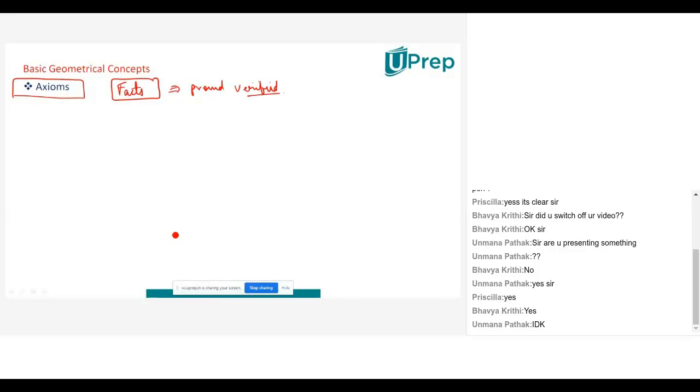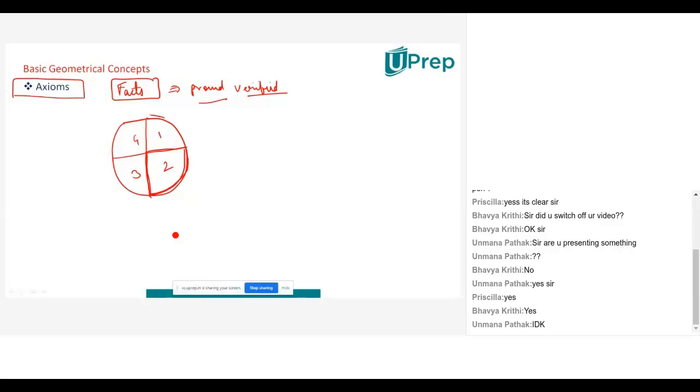You accept them basically. Now, if I say this is a pizza, assume that this is a pizza. Okay, 1, 2, 3, 4 slices. Now, if I say I want to take this slice out of the pizza, this is a part of the pizza. Now, what are axioms? Axioms are basically the facts that we have accepted.